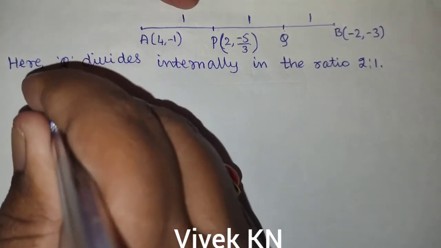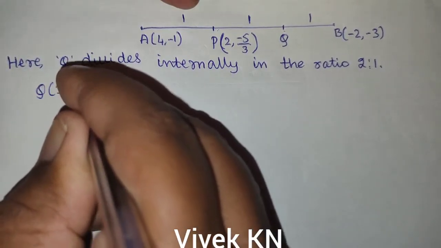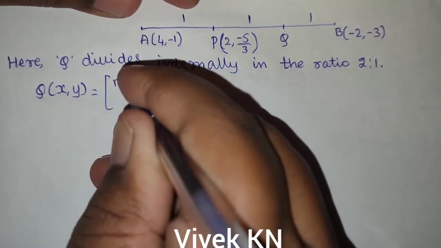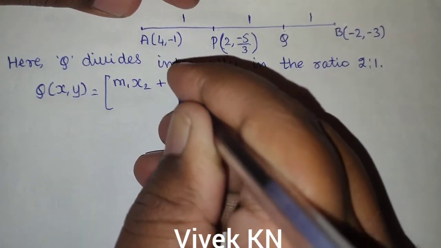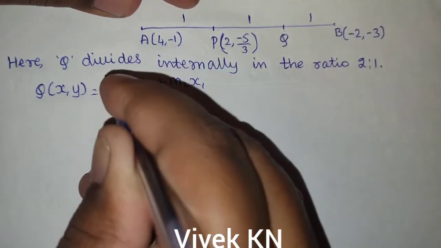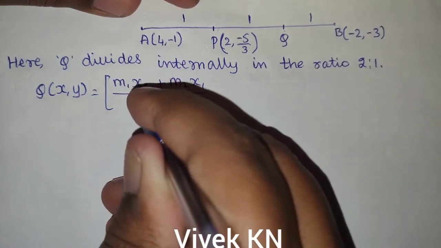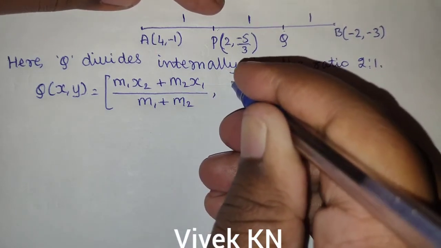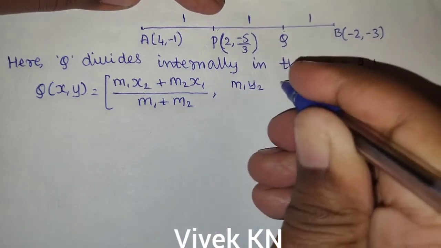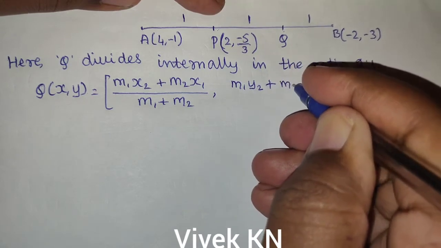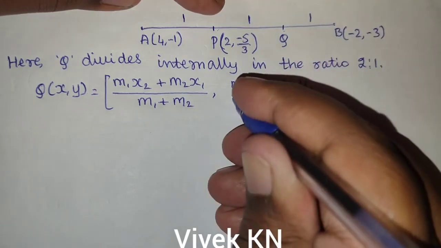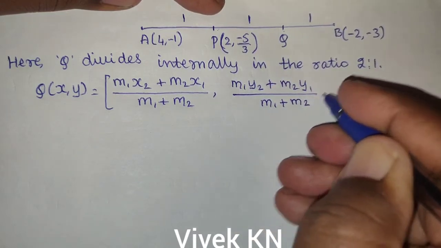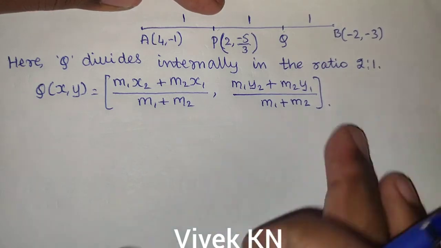So the section formula is given by Q of x comma y is equal to (m1 x2 plus m2 x1) divided by (m1 plus m2), comma, (m1 y2 plus m2 y1) divided by (m1 plus m2). This is the section formula.